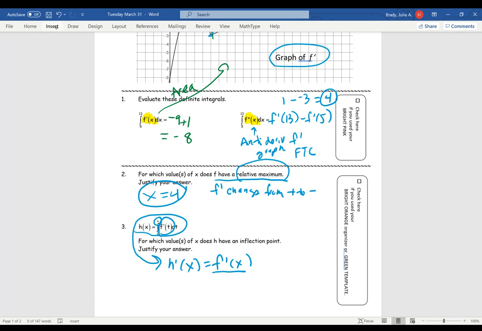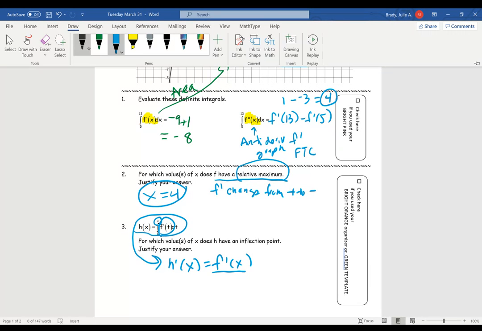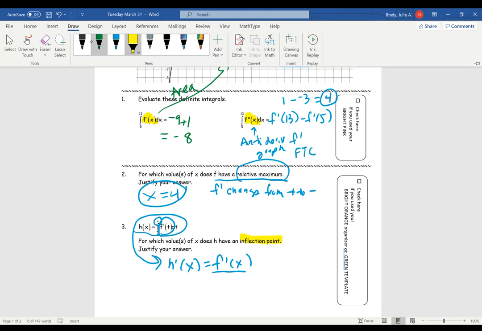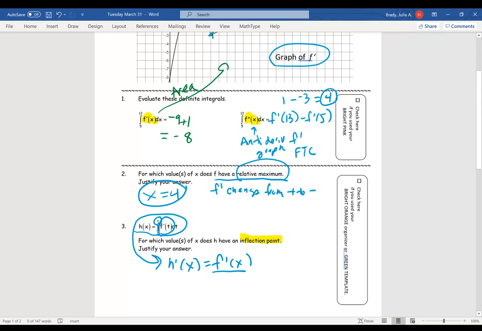If you're looking at your handy dandy green sheet that everybody loved, an inflection point happens when the derivative changes from increasing to decreasing or vice versa. So I'm going to write that first: h prime changes from increasing to decreasing.